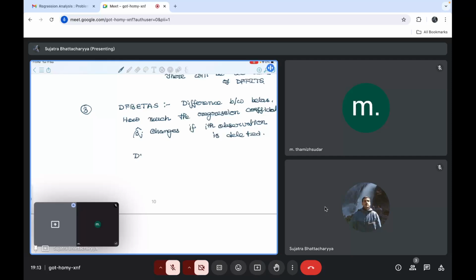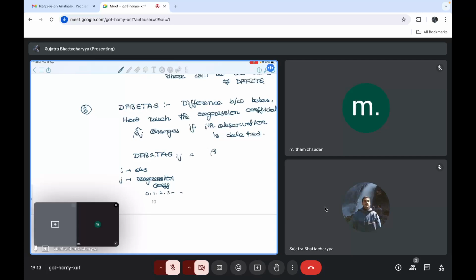So how to define DF betas ij? Now there will be i observations and j regressors, so i observation, j regressor or regression coefficient. It can be beta 0, or 1 and 2 or 3, whatever you have to do. Fine.